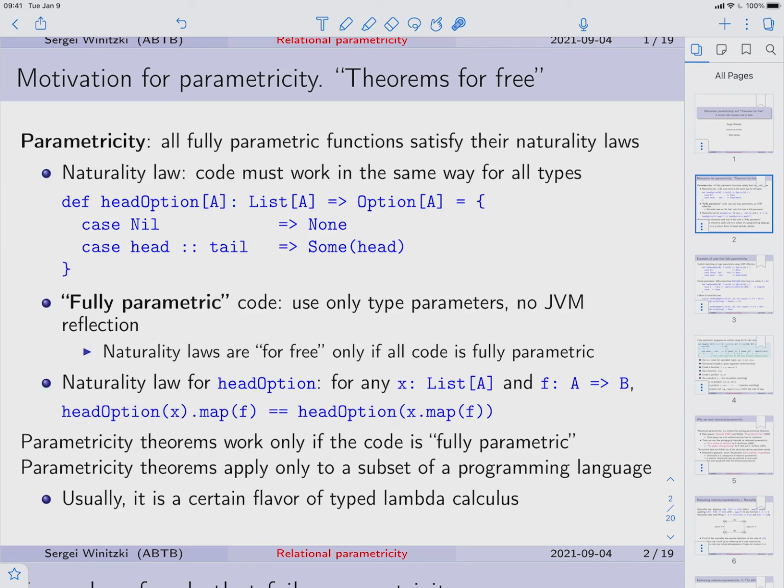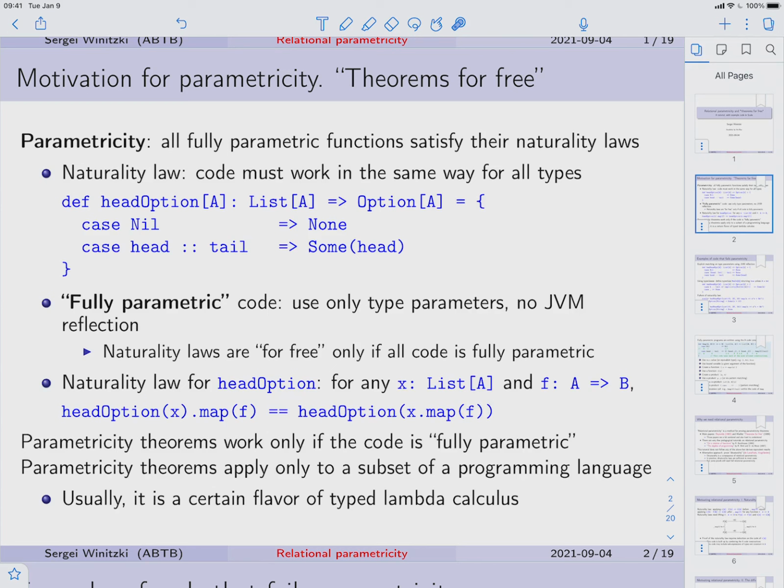So you can map first on some list and then compute head option, or you first compute head option and then you map. The results are guaranteed to be the same. So for the programmer, it means that refactoring of this code is guaranteed to be correct. And that is the usefulness of naturality laws.